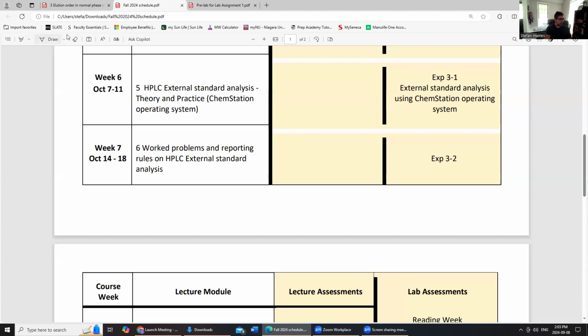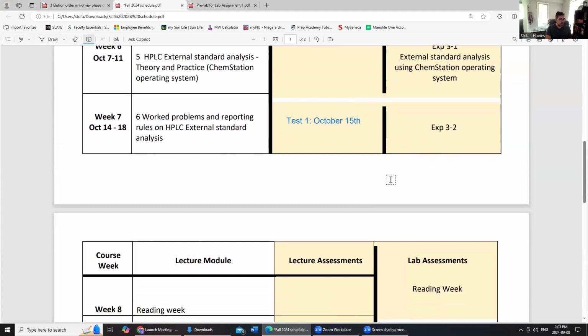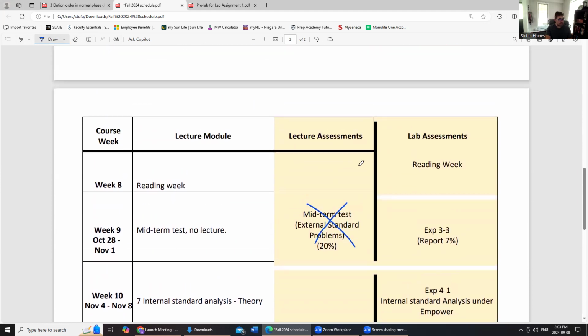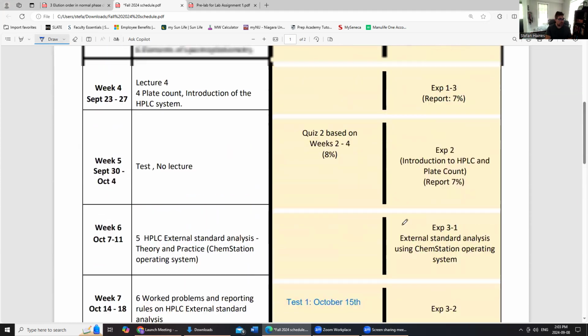So I'll make sure I edit that for you guys. I can even do that right now if you want. Test 1 will be on October 15th. Test 1, October 15th. And then I'll make sure I cross it out so that it's not the same here. But I'm still happy to follow the rest of the schedule.